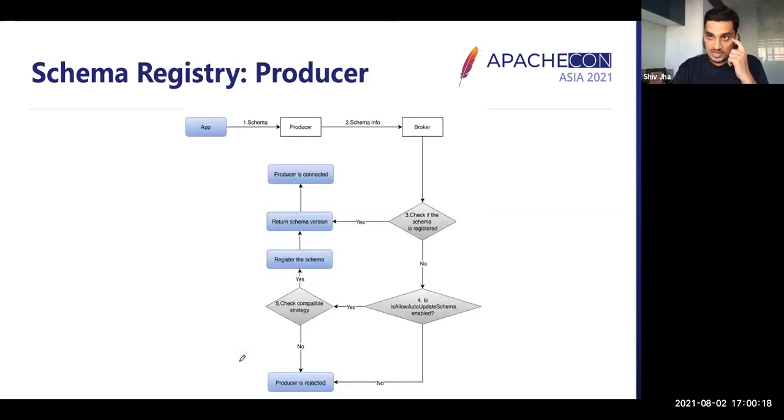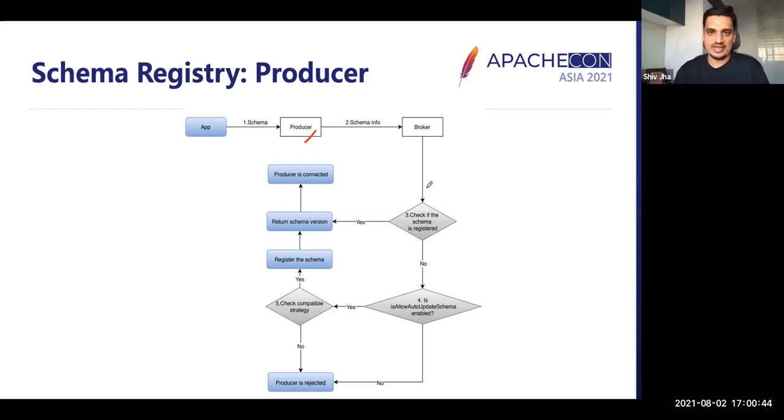If you look at a typical producer workflow, you will have a new piece of data coming through. The producer will go look for the schema information for this topic. It will check whether this schema is already part of the schema registry for this topic.